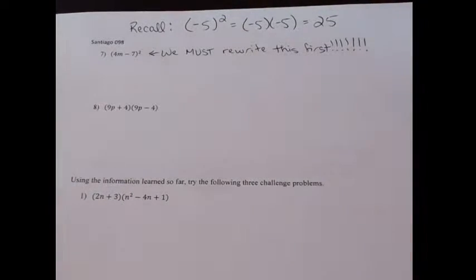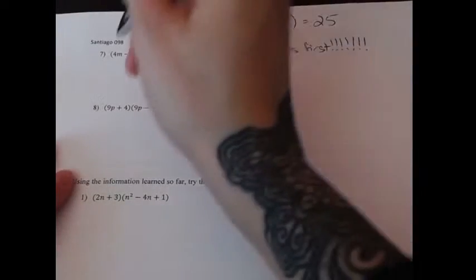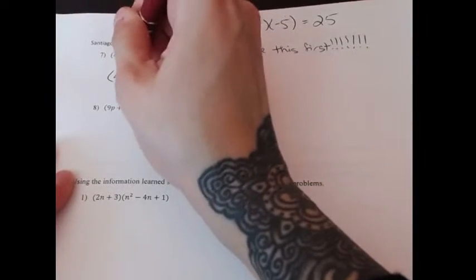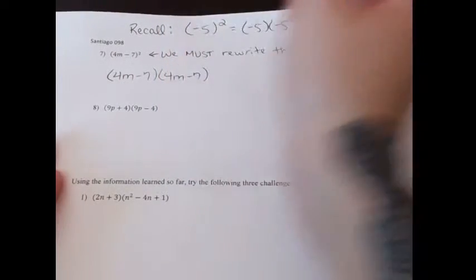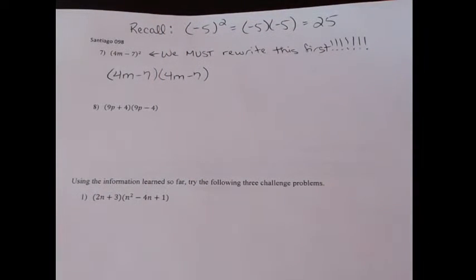We must rewrite this first. Don't forget that. This might be another example that you'll put on an index card as a reminder, oh yeah, I've got to rewrite it first. When I say rewrite, I mean 4m minus 7 to the second power is 4m minus 7 times 4m minus 7. You have to write it out first.